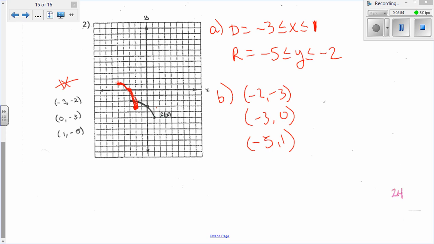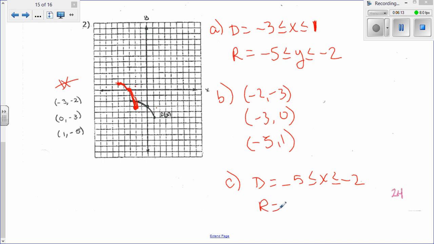And then to find my domain, remember my domain goes from left to right. My domain starts at 1, 2, 3, 4, -5, less than or equal to x, less than or equal to, it stops at -2.